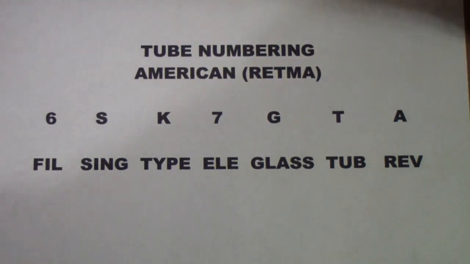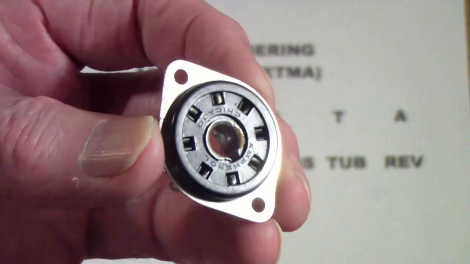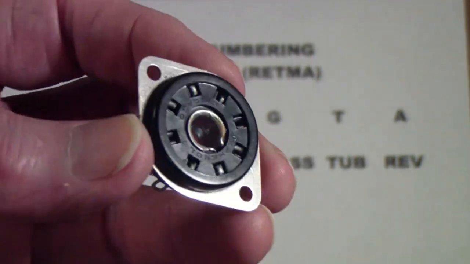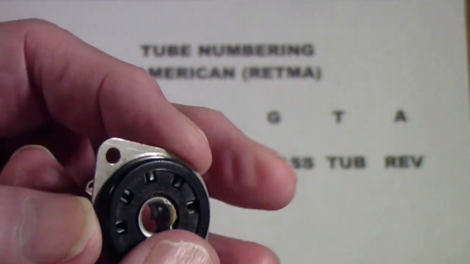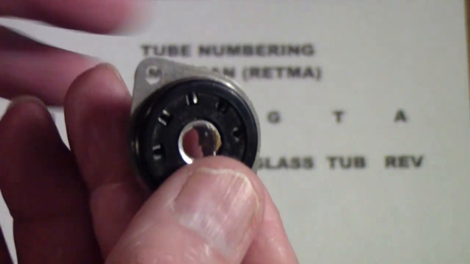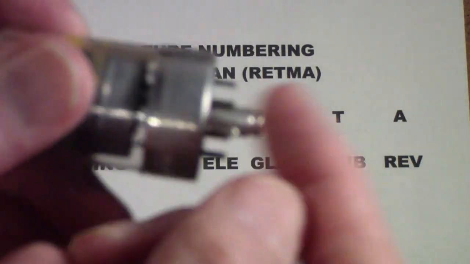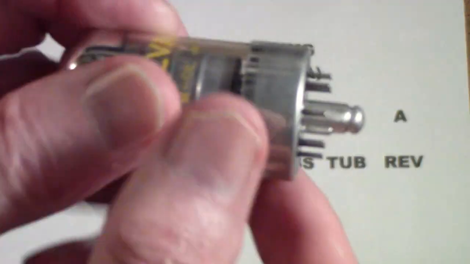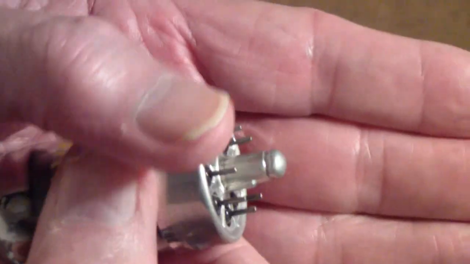There were other types. For example, Philco developed an 8-pin variant of the octal tube that they called a loctal. Now this was done for 2 reasons. One was to get around the patents on the octal socket. The second was to provide a locking mechanism. And you may or may not have noticed that one of the tubes that I put down has that locking tab or that locking space here. Let me move this out of the way so the camera will focus a little better.